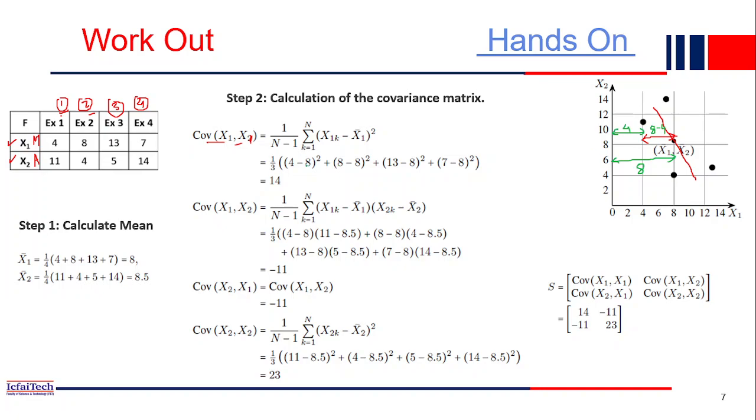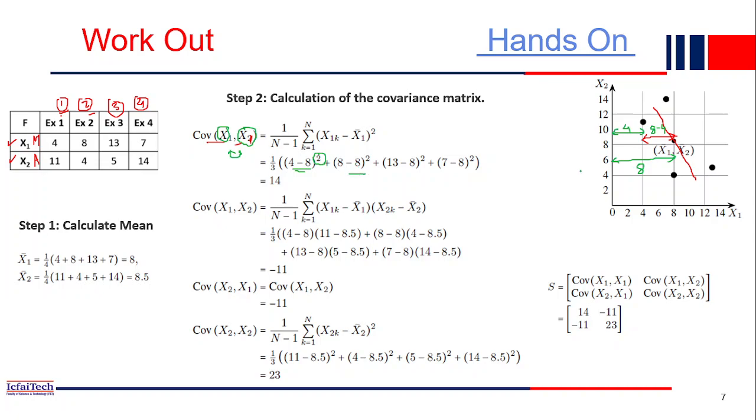So same thing is written here, 4 minus 8, it is just a data point minus average point we are doing, so that's fine. So 4 minus 8 is the first point, how much it is deviating from the mean point. And then we are comparing x with x, right? This is x with x, we are comparing both x1 same variable, right? So that's why the same variable means this into this, same thing, that's why we have written square.